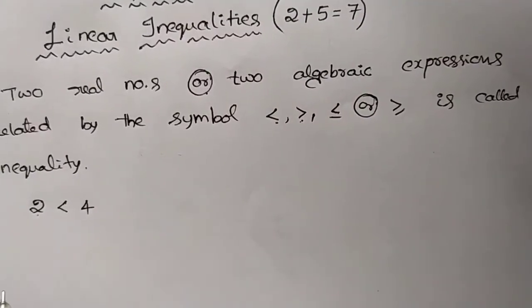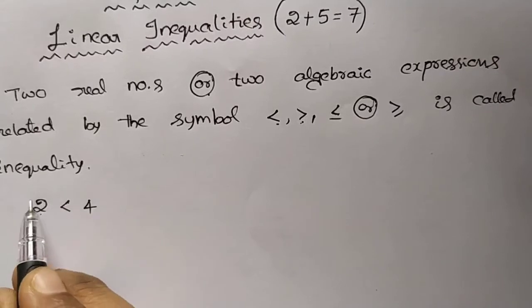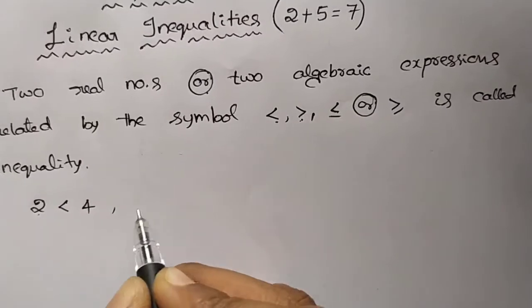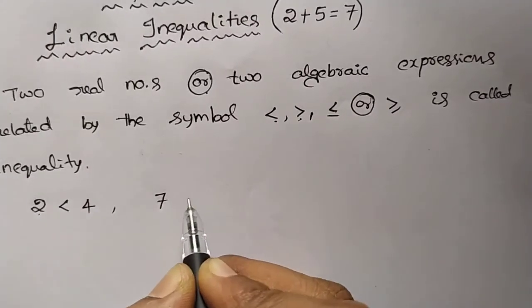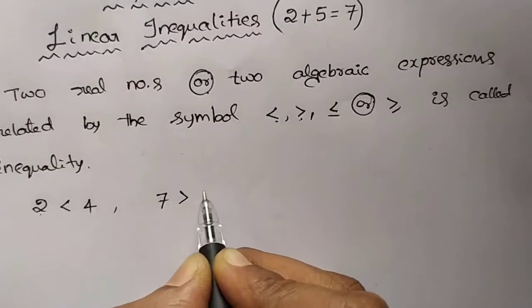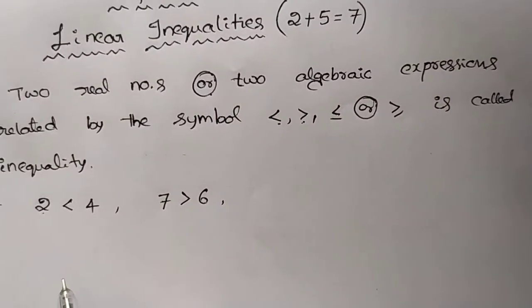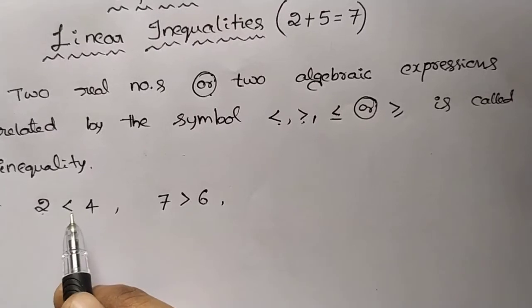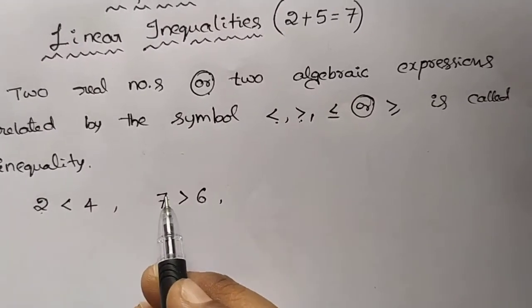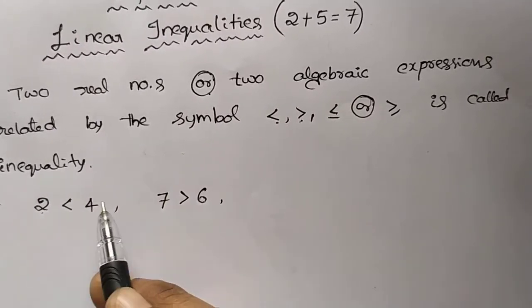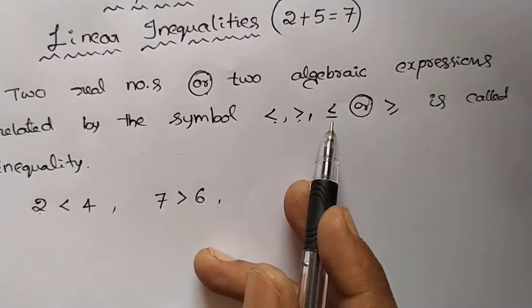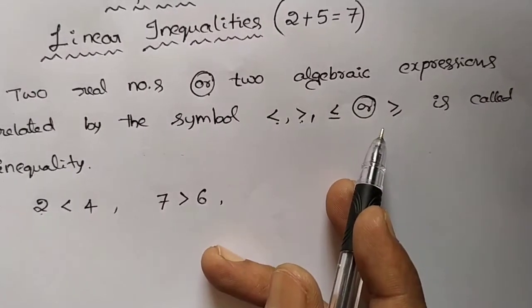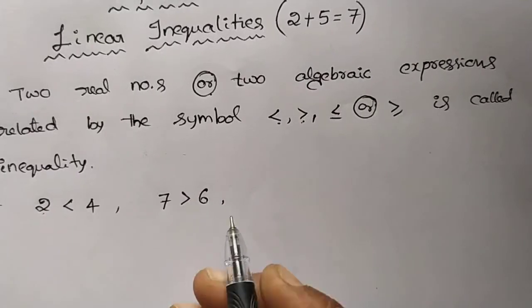So I will take less than. 2 less than 4 is one inequality. Let us take one more: 7 is greater than 6. Like this, two real numbers or any two algebraic expressions related by these symbols are called inequality.